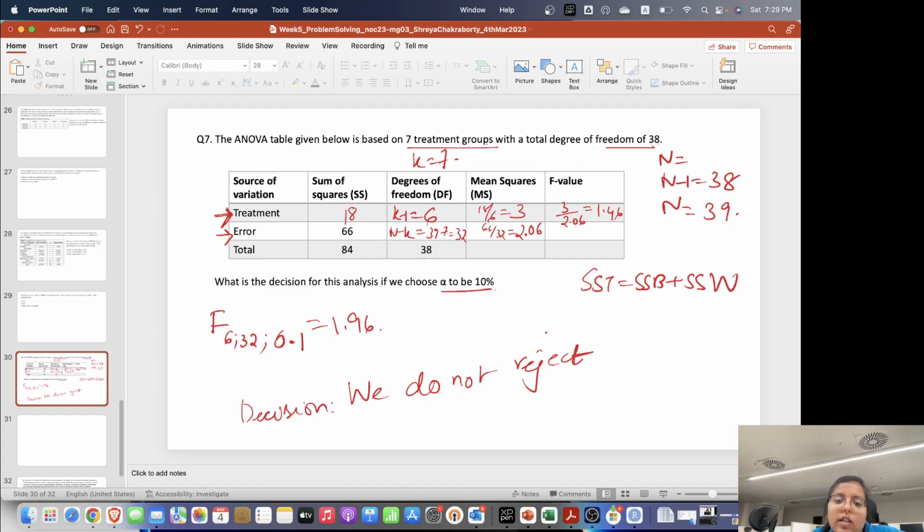In colloquial terms we say we accept H naught, but essentially we do not have enough evidence to reject our null hypothesis. So we write that we do not reject the null hypothesis and infer that the treatments are equally effective.